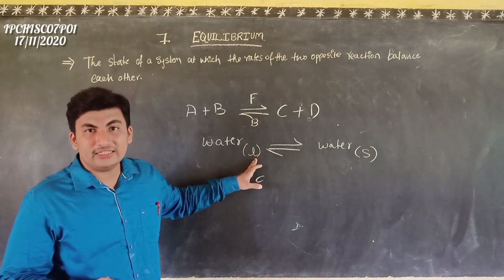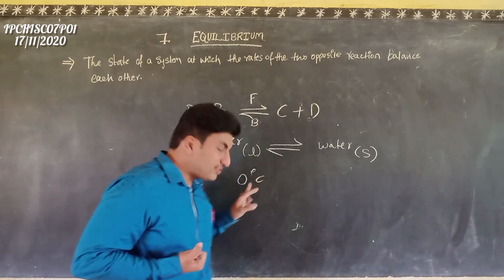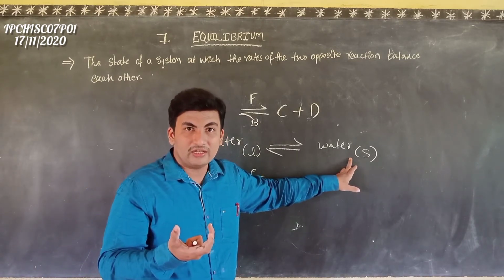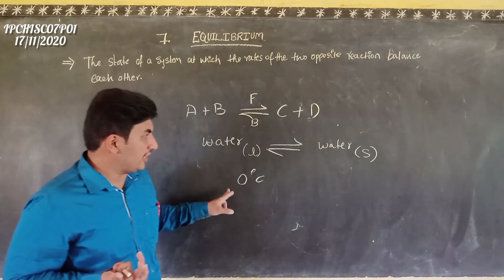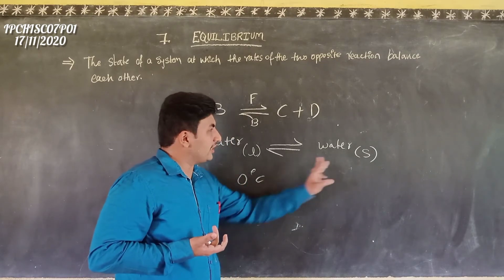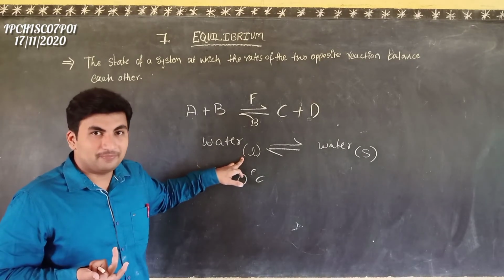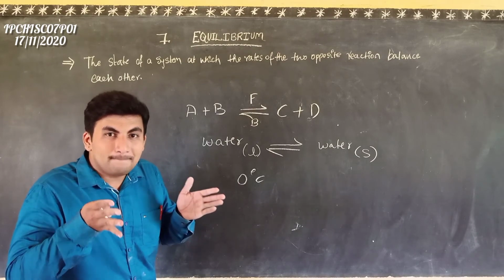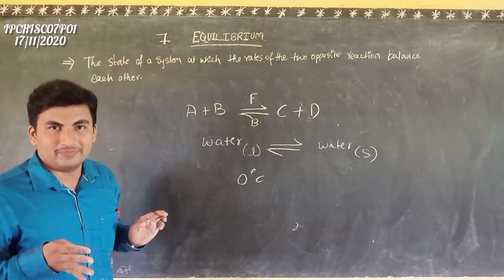In the liquid state, it will start to freeze. And at 0 degrees Celsius, if it is in the frozen state, the parameter is not changed here. At 0 degrees Celsius, it will also start to turn to the liquid state, right? So the two opposite reactions balancing with each other is called equilibrium.